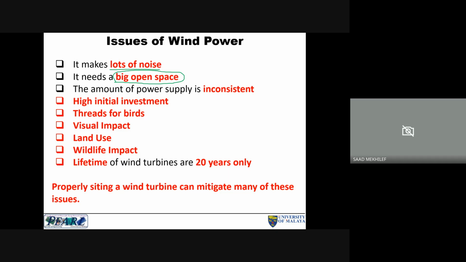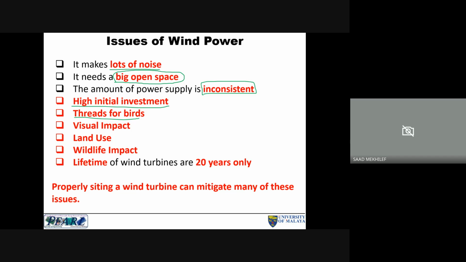Okay, the amount of power supply is inconsistent. That's similar to solar, because of the variation in weather patterns. High investment capital costs. As I said before, that's very expensive. And then birds flying into the wind turbines.